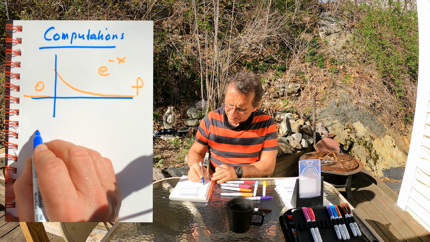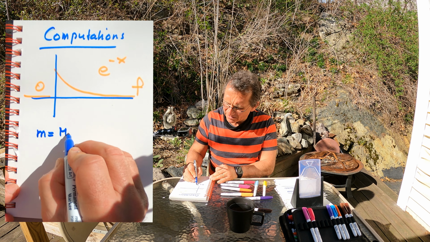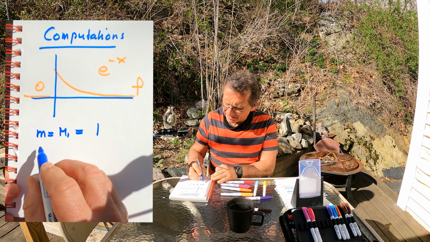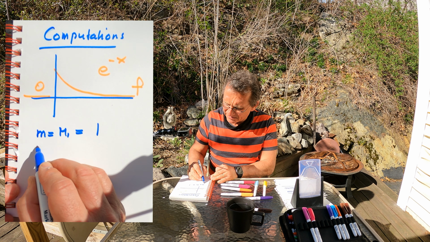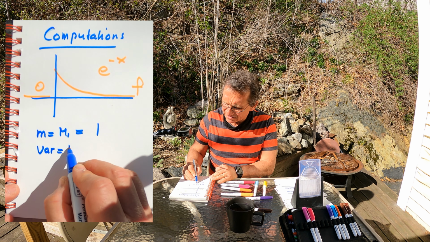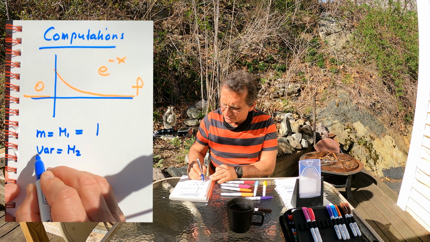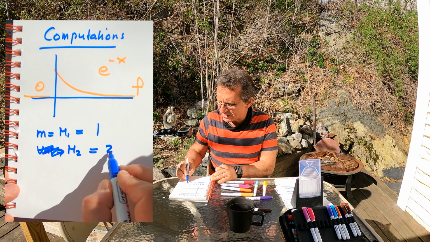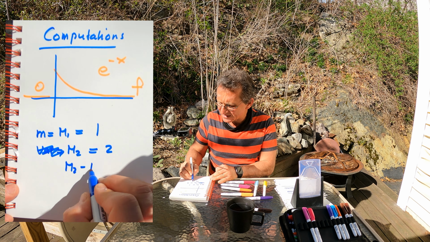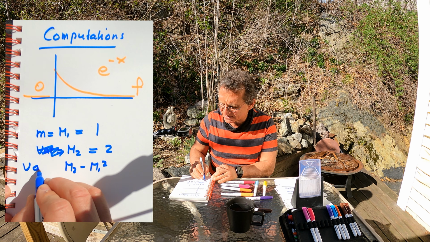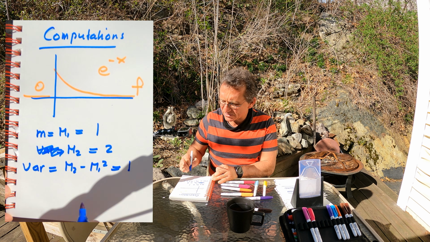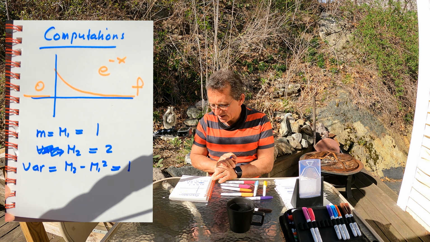So the mean, m1, is equal to 1, and m2 is equal to 2, but m2 minus m1 squared, that's the variance, is also equal to 1 in this case.